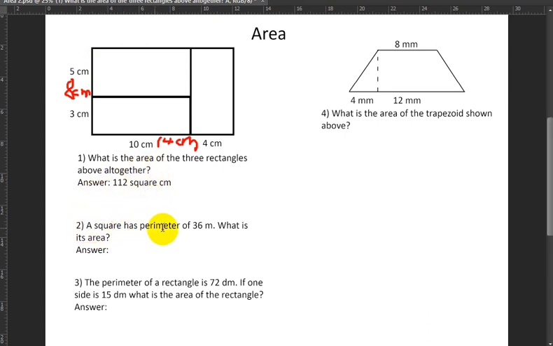Next up, a square has a perimeter of 36 meters. What is its area? Now, if you remember what we said yesterday, we said that to find the perimeter of a square, I would have to take one of its sides, so let's call the side A, and multiply it by 4.